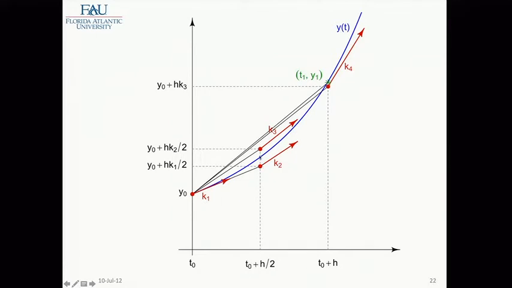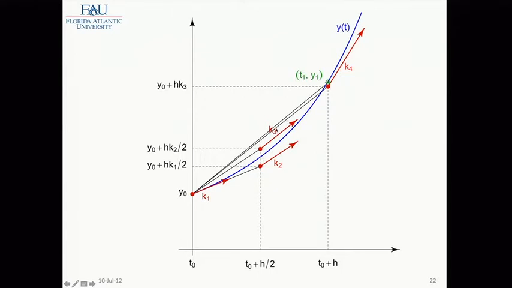And over here, I evaluate the new slope, that's k2. Now, k3 was go back to the origin and take a half step with this new slope. This black line is parallel to that red line. That gives me this location. Now, again, evaluate the new slope.